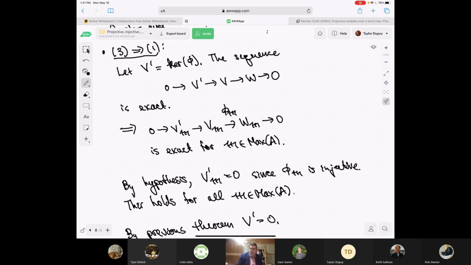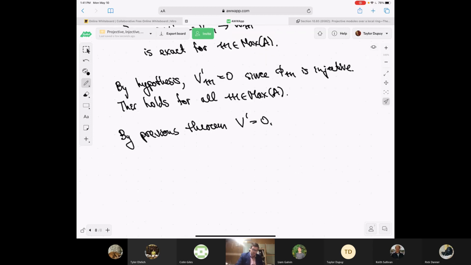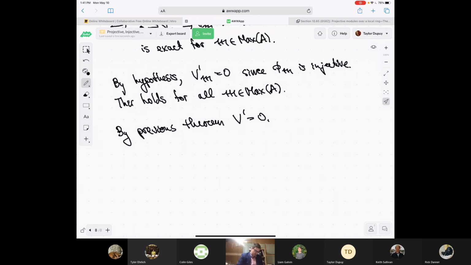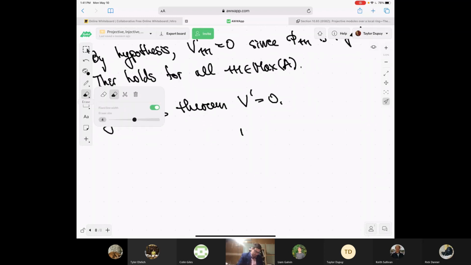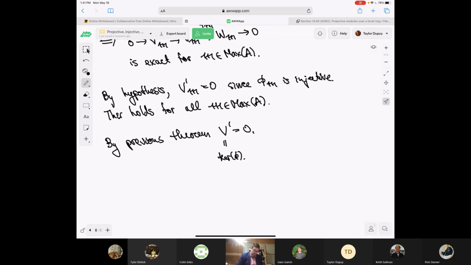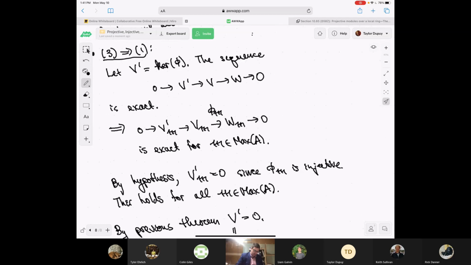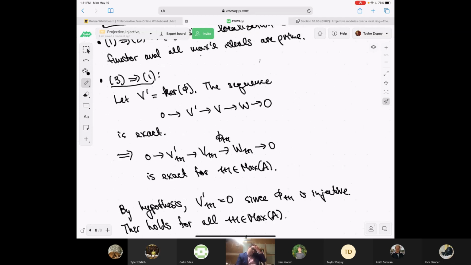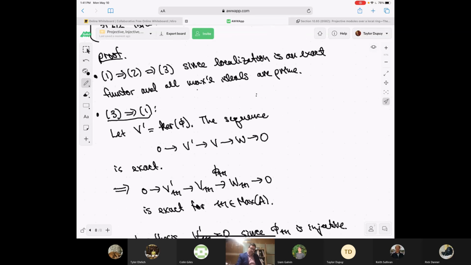If the kernel is 0, then the map is injective. So the kernel being 0 is equivalent to being injective. All right, so that proves this part, 3 implies 1. Does that make sense?